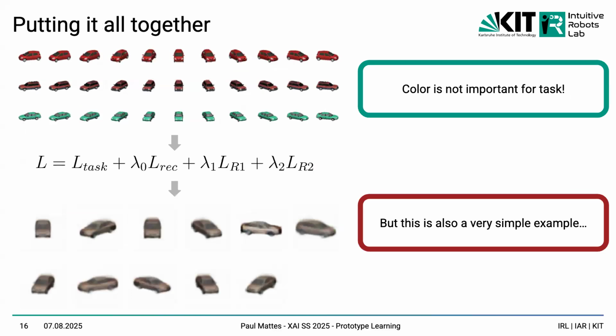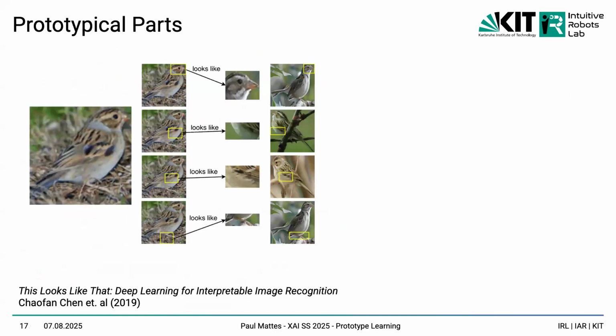Okay, so the next thing, we want to look at prototypical parts. So instead of having the whole image as one prototype, we can now say, okay, maybe there are different prototypes in one image. And this is what this paper from 2019, "This Looks Like That", does, where there is a bird data set, and it's actually annotated with different parts in the birds themselves.